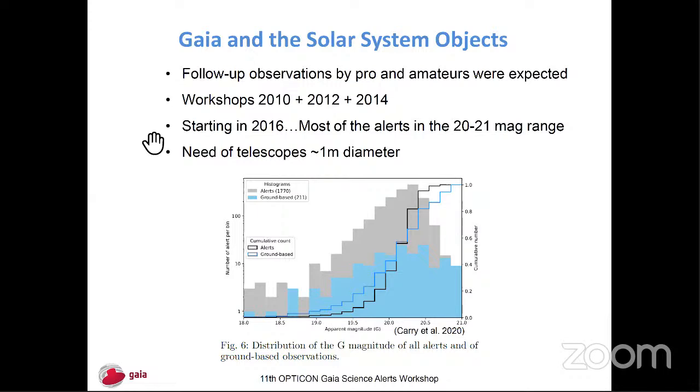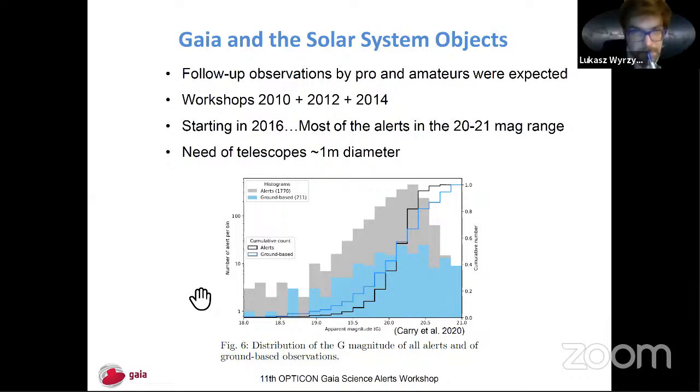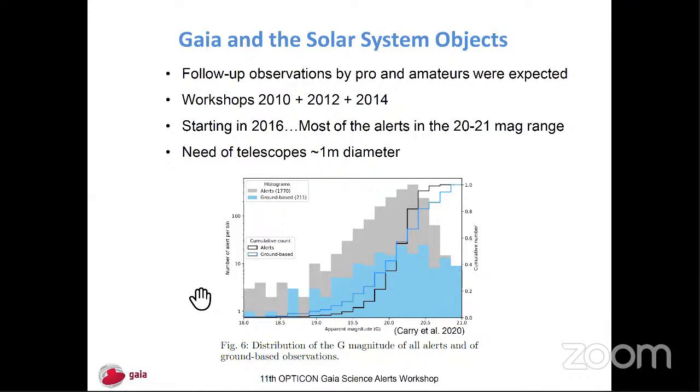And we saw that, starting at this date, the magnitude of the potentially new objects is in fact around 20-21. So that means that only a telescope of around 1 meter diameter can observe this kind of alert from the ground.